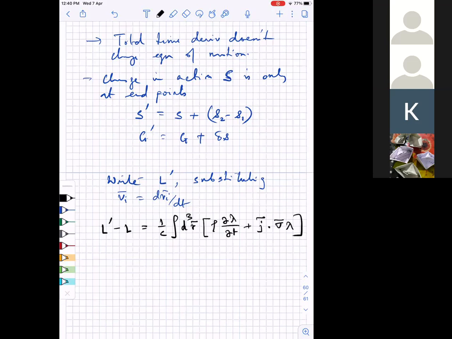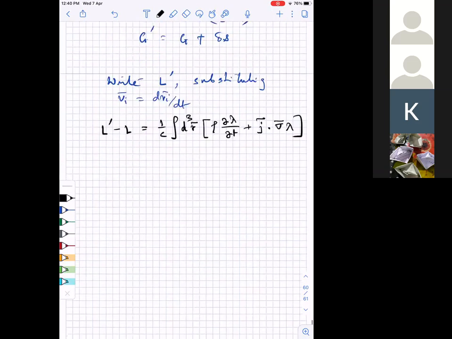Now over here, the lambda, remember, was an arbitrary function or arbitrary change. If I want to go into conservation laws, remember Noether's theorem, the change has to be infinitesimal, right? So what we want to see is what happens when this change lambda is infinitesimal.